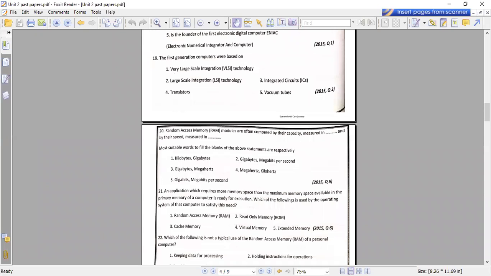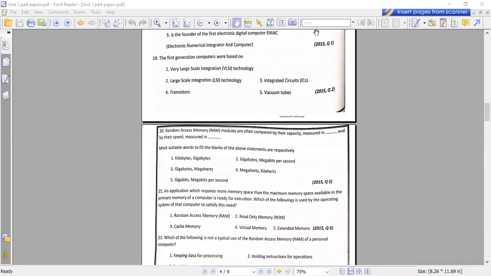20th, you all have put 4th. Yes. If you go to the 20th: random access memory modules are often compared by the capacity measured in blank and the speed measured in... they have given some words, right?